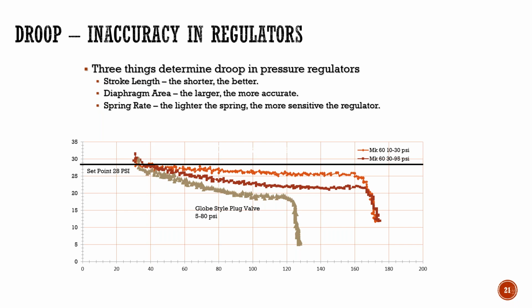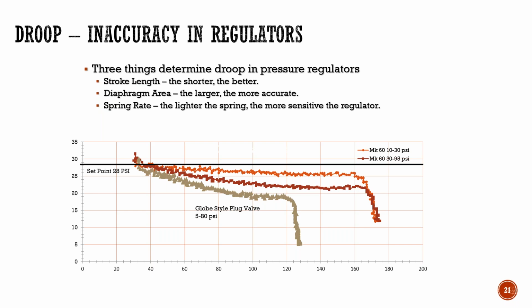The diaphragm area is large yet commercially viable for the valve, and the spring rate is optimized. So you have a set point at right around 30 psi, and you've got a spring rate that's 10 to 30. So this is a valve that's optimized to minimize droop and increase accuracy.